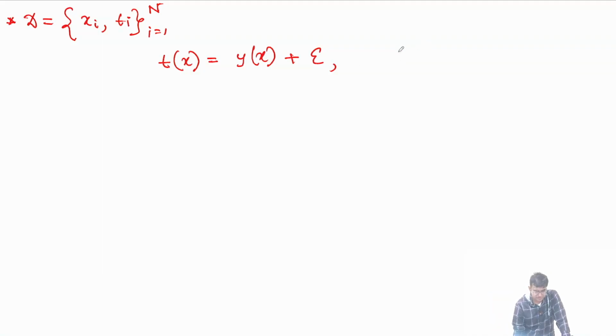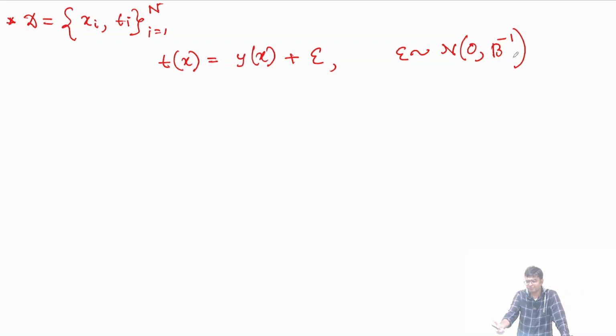and epsilon is basically Gaussian by the central limit theorem: 0 comma sigma y square is what I was writing. You can also write it as beta inverse, same thing, where beta inverse is equal to sigma y square. Sigma y is known as the standard deviation, sigma y square is the variance, and 1 by variance is known as the precision in the case of Gaussian distribution.